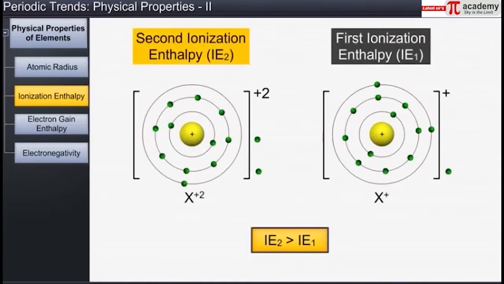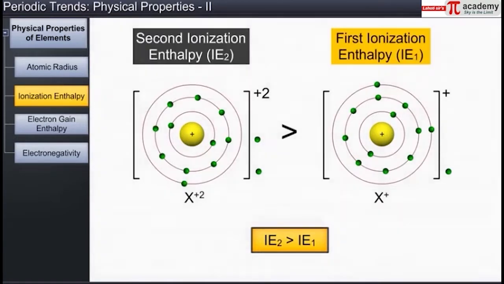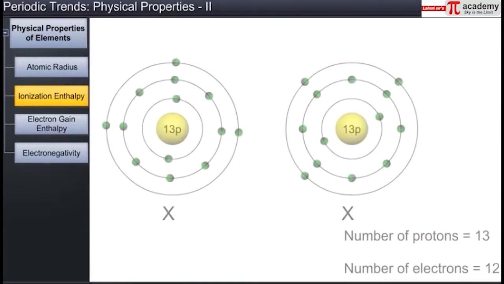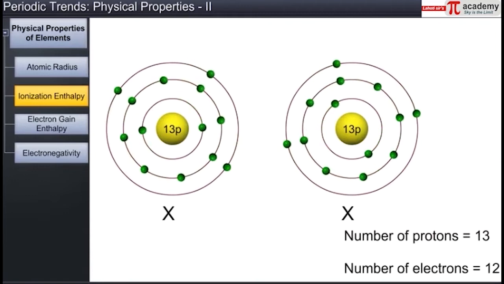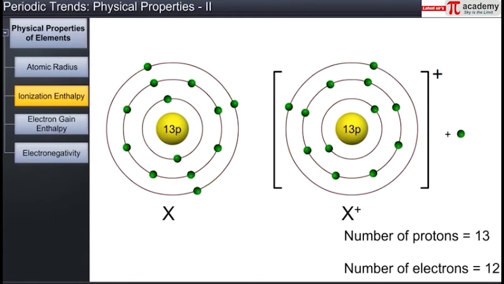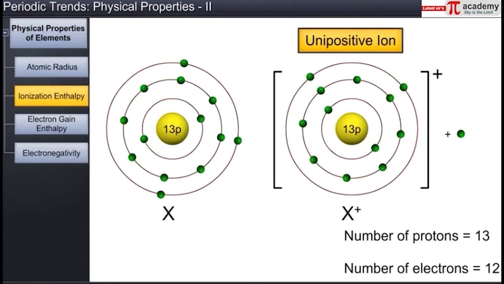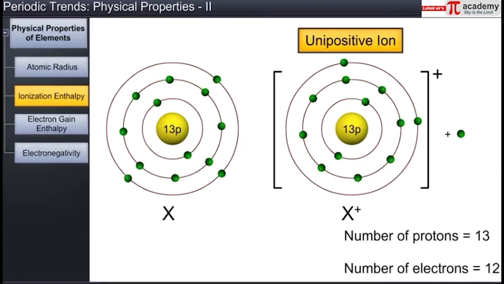The second ionization enthalpy will always be higher than the first ionization enthalpy. This is because on removing an electron, the unipositive ion formed will have more effective nuclear charge.